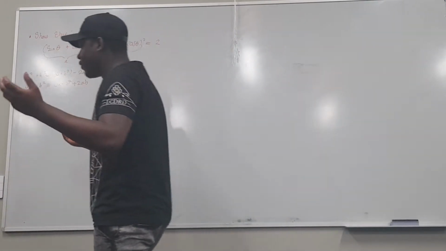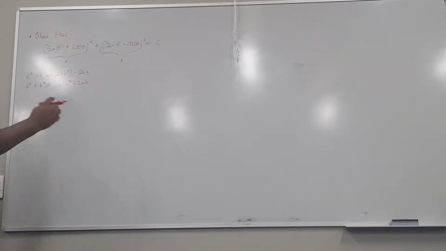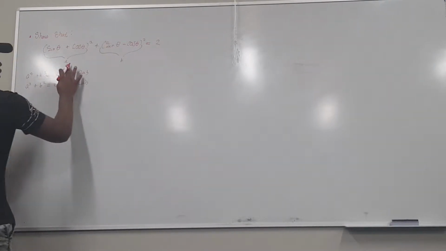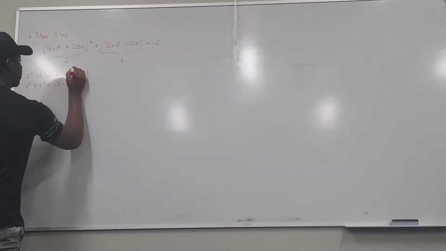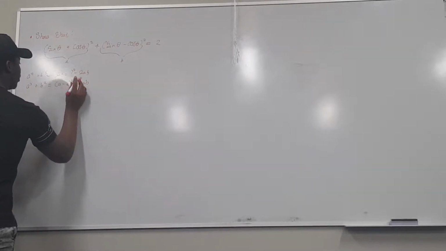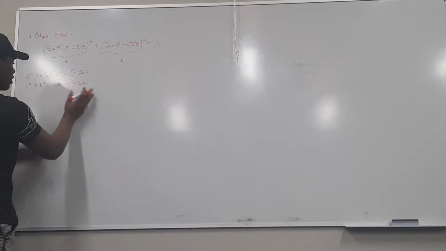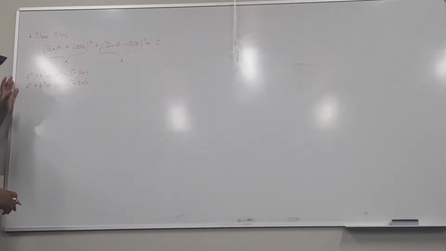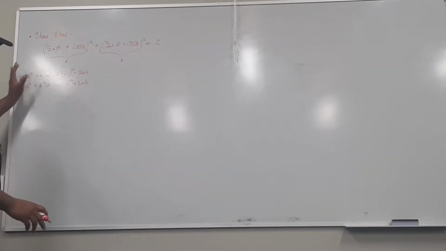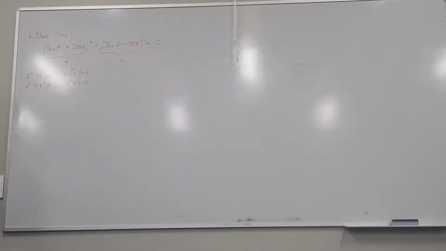But for the sake of simplicity, there is no point in doing that, because we know what (a plus b) all squared is, and we know what (a minus b) all squared is.